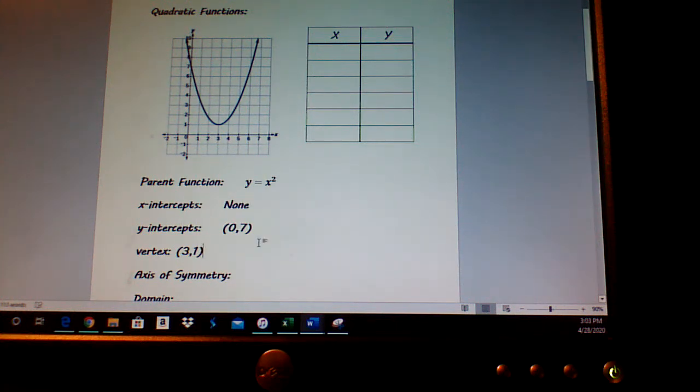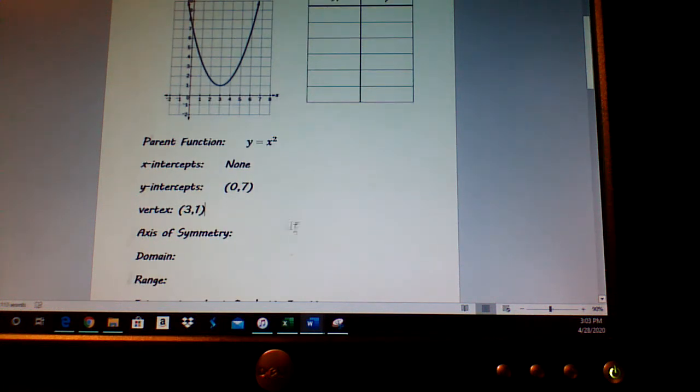Now remember, your vertex is very important because it helps you come up with a few things. One of those things is your axis of symmetry. Now your axis of symmetry is that dotted line here that goes through your vertex. Alright, it cuts your parabola in half.